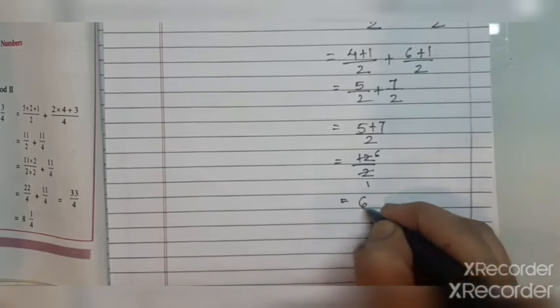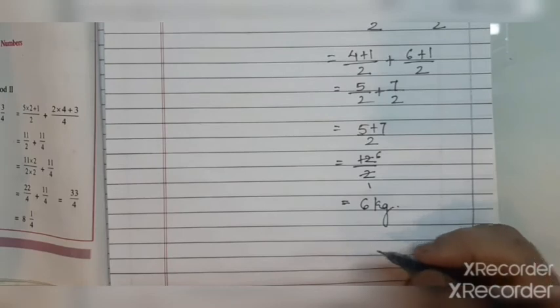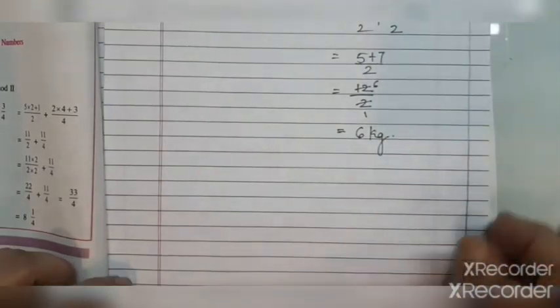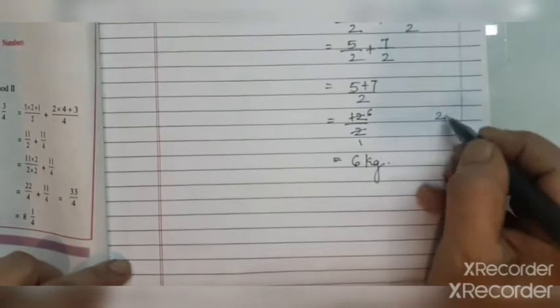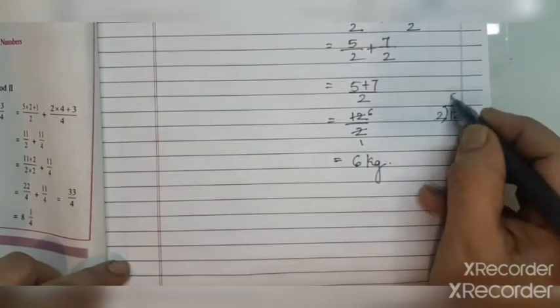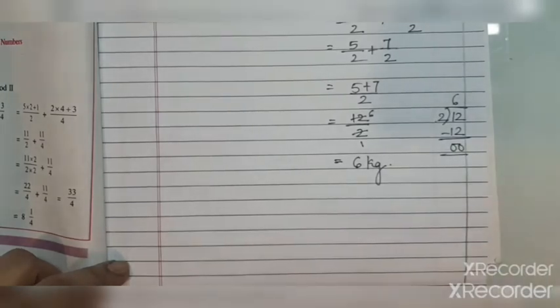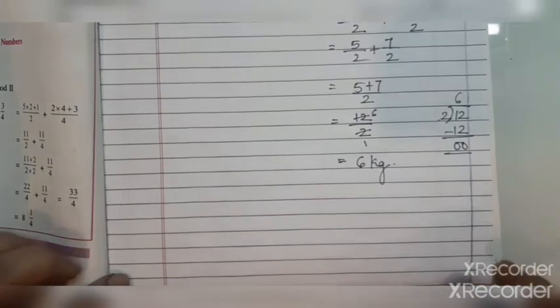So it is 6 kg. Okay. So 6 kg of sugar was bought all together. If you have not understood this calculation, you can do it in the rough. 2 6s are 12. Okay, so 6 kgs of sugar was bought all together.